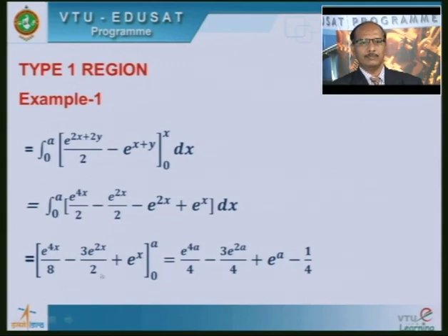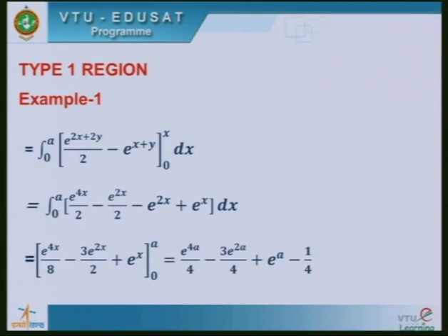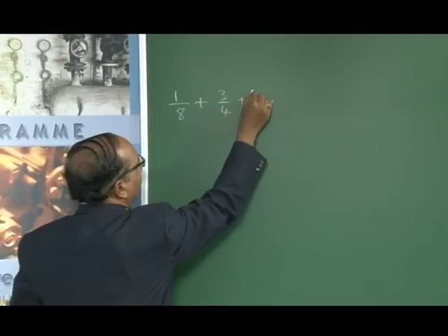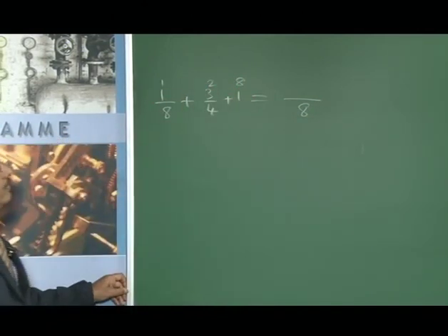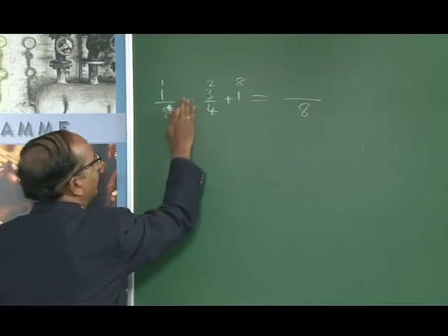So, 1 by 8, 3 by 4 plus 1. Simplify that: take the LCM 8, then simplify. 1 by 8 plus 3 by 4 plus 1, take the LCM 8: 8 here, 2 here, 1 here, and there is a middle minus sign.